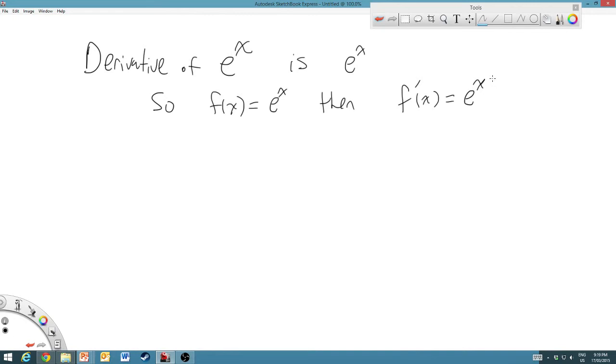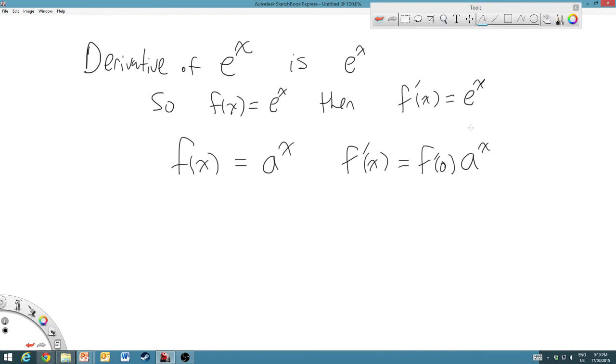Okay, and this comes from the fact that if I have any exponential function, f of x is equal to a to the power of x, it's shown that the derivative of any exponential function is the derivative calculated at 0 using the definition of the derivative times the original function itself.